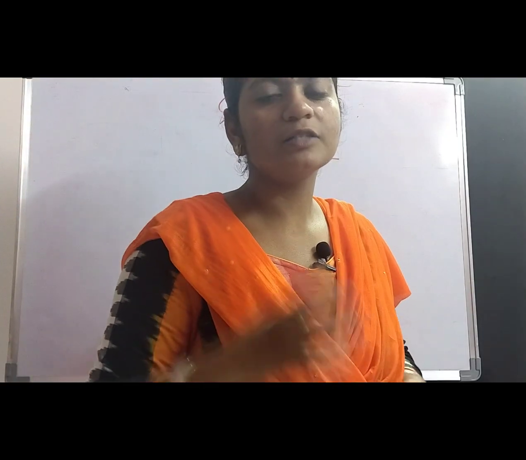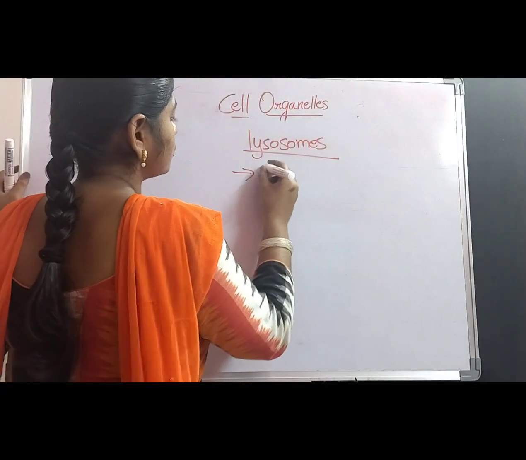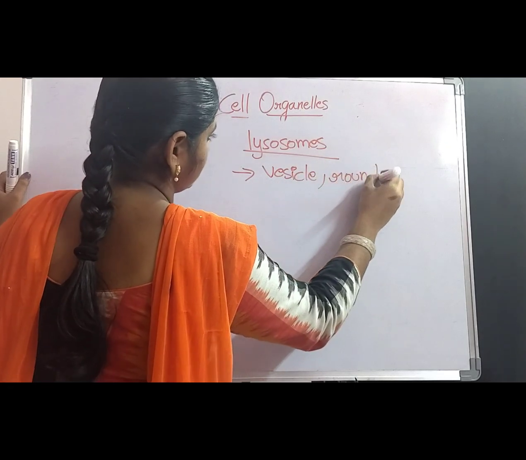The lysosomes are spherical or round vesicular-like structures.